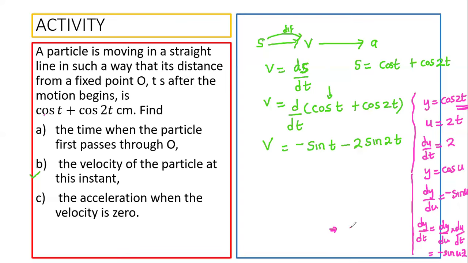Hence, the answer is negative 2 sine of u. But what is your u? My u is 2t. Okay, thank you, Sharon. So, members who are asking, that's how the gentleman came up with that. Yes, Linda?